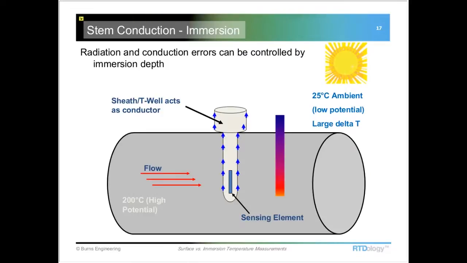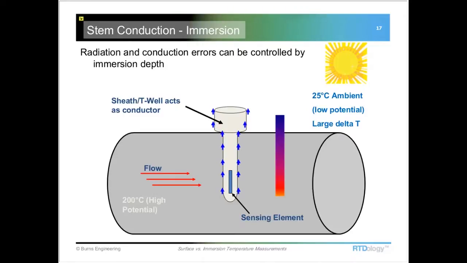And the heat wants to flow from an area of high temp to low temp, back and forth. And so you're going to get some conduction along the metal parts, well, any components of the temperature measurement sensor, whether it's the thermal well or even the lead wires. There's a little bit of conduction that happens along those, and it does affect the temperature measurement.